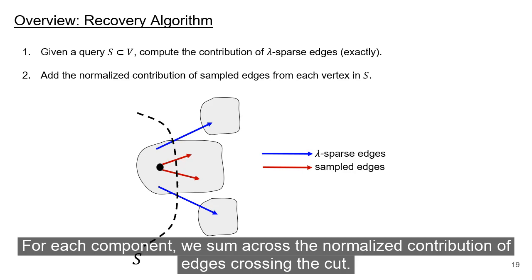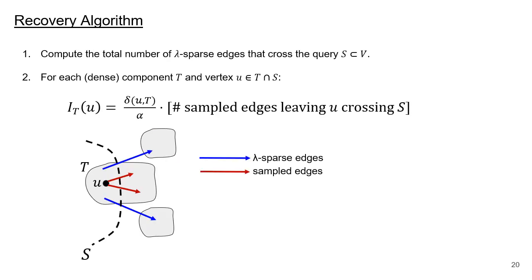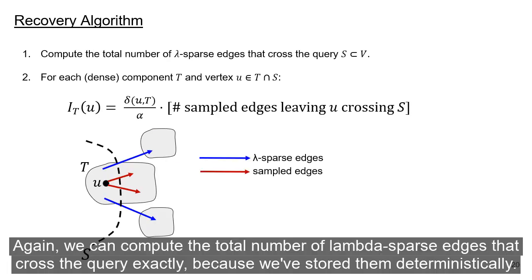crossing the cut. So again, we can compute the total number of lambda sparse edges that cross the query exactly because we've stored them deterministically.